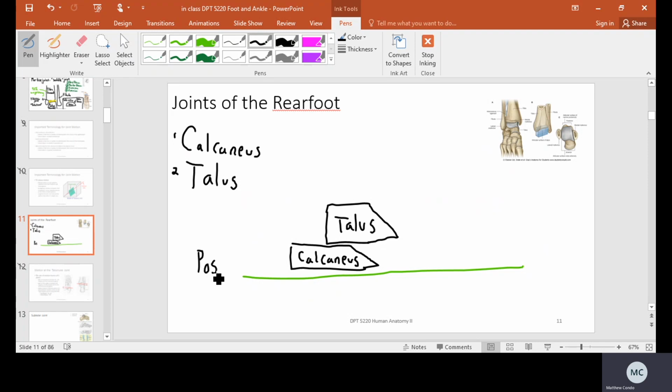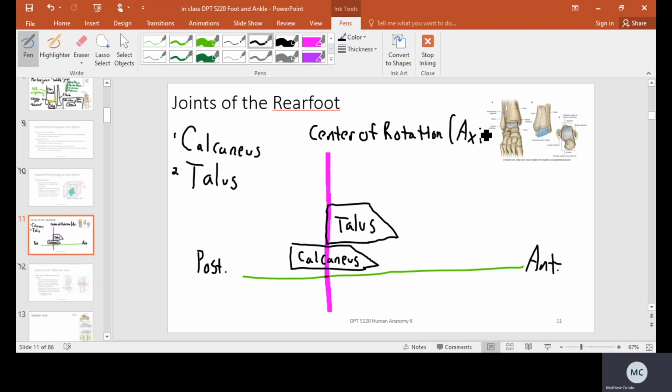I'll give you guys a couple points of reference. Posterior, anterior. And then this line is going to represent the center of rotation, or as we like to call it, the axis.